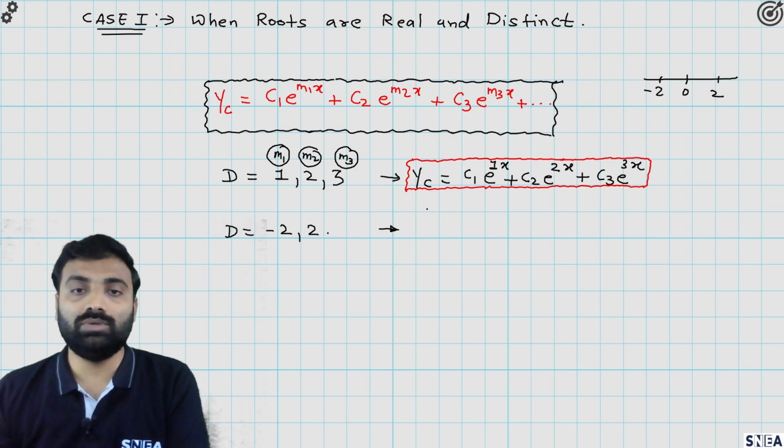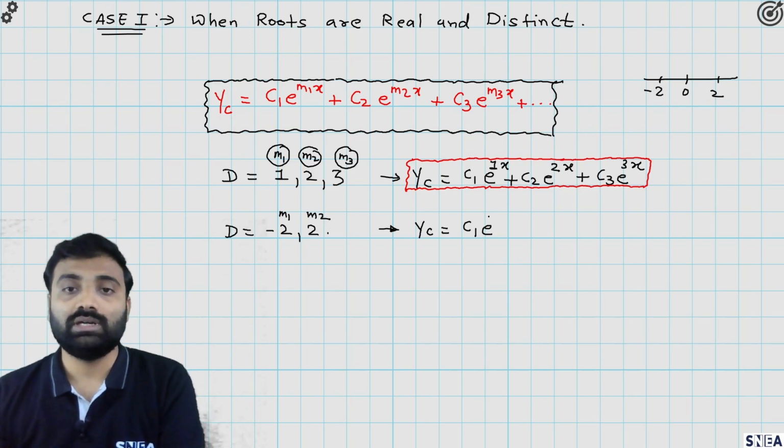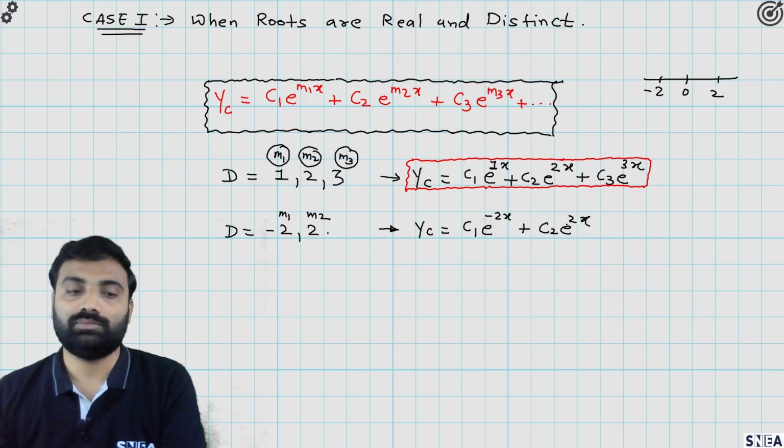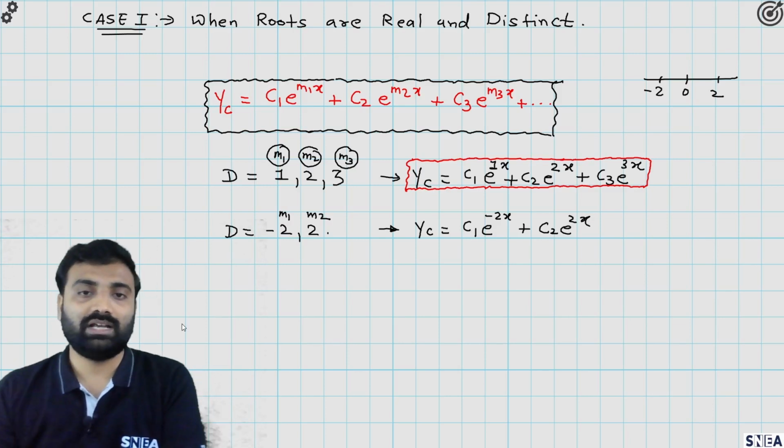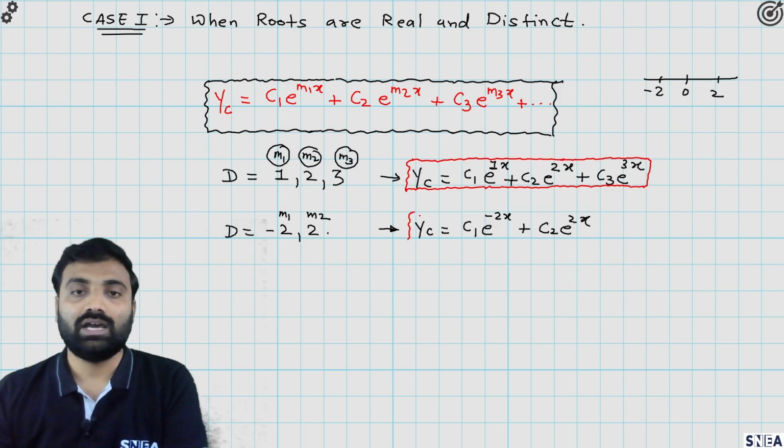Again you will take yc equals c1 e raised to m1x, where m1 is -2, and m2 is 2. So you will write down yc equals c1 e raised to -2x plus c2 e raised to 2x. This will be the answer of yc. Are you getting this point?